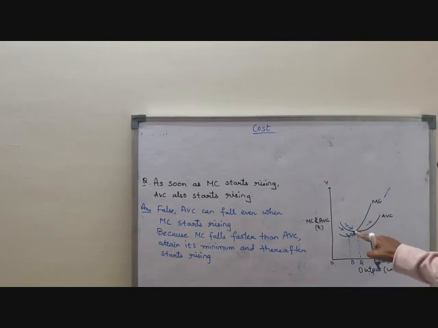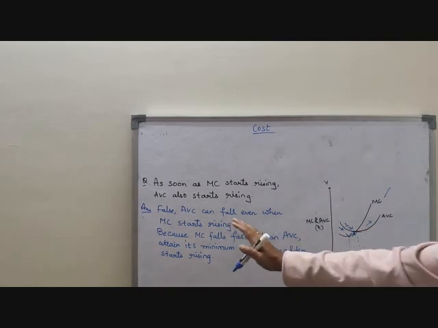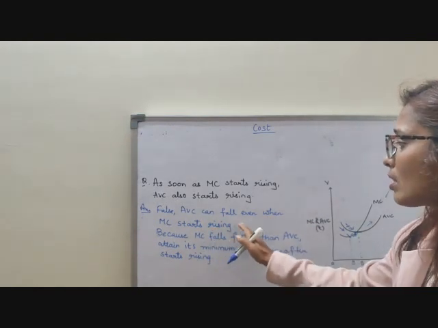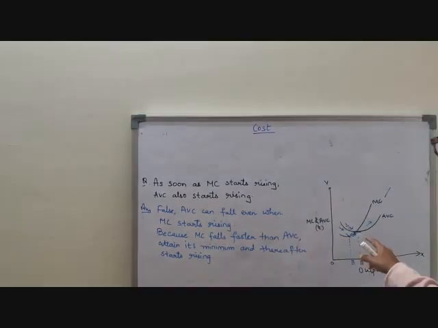Because marginal cost first reaches its minimum point, it is falling, but after that it is rising. And average variable cost is still falling up to point A. So we can say that average variable cost can fall even when marginal cost starts rising, because marginal cost falls faster. We all know that marginal cost falls faster and rises faster than average variable cost.